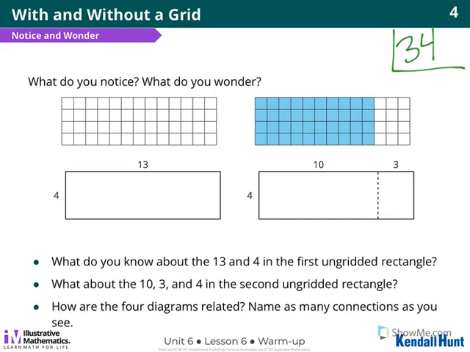You have about 30 seconds to finish up your little note. Okay, what do you notice? What do you wonder? Hey, Aubriella, start us off.